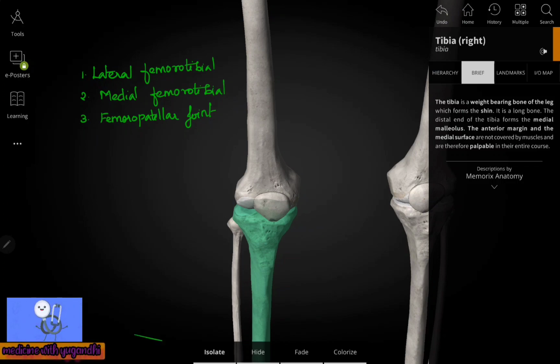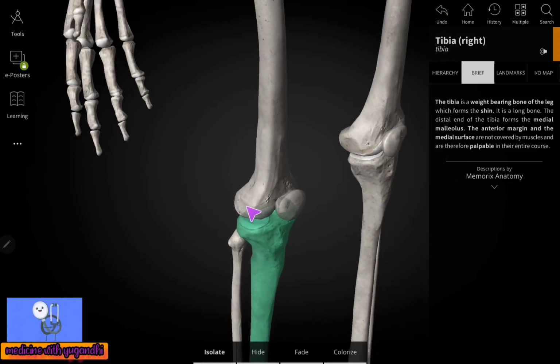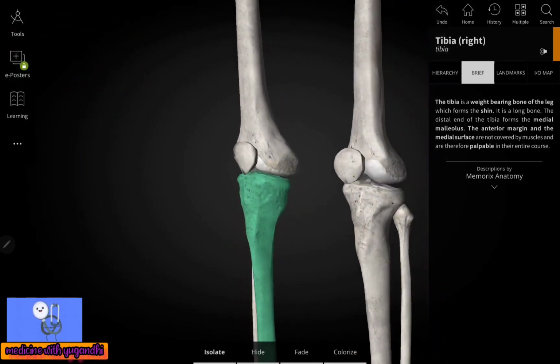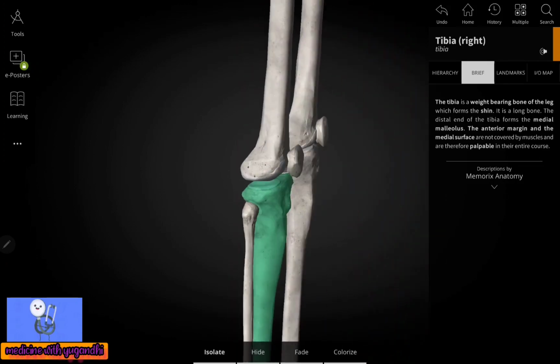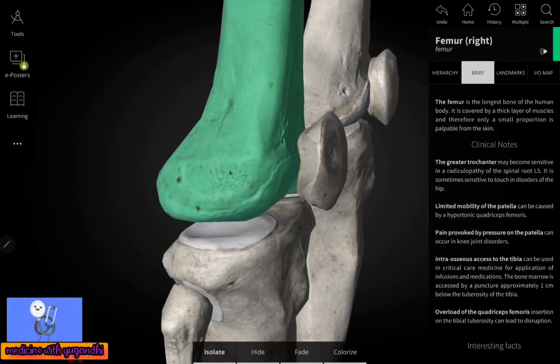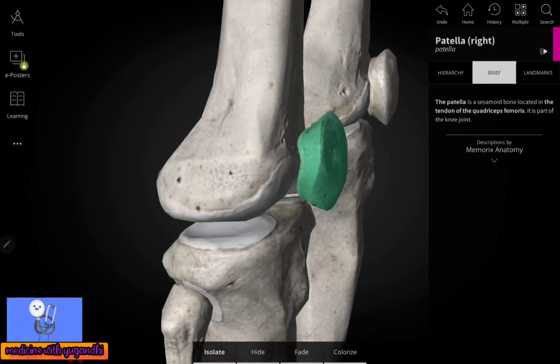So here you can see this is the lateral femorotibial joint, and here you can see the medial femorotibial joint, and this is the femoropatellar joint. So here you can see femur and this is the patella. Here you can see the femoropatellar joint.